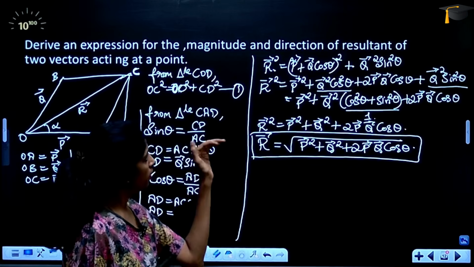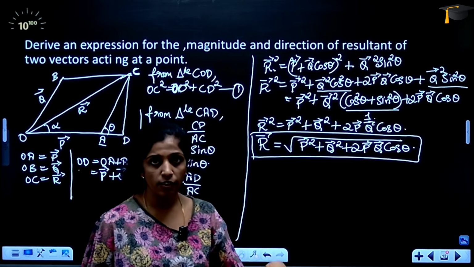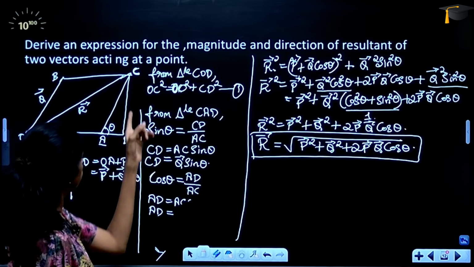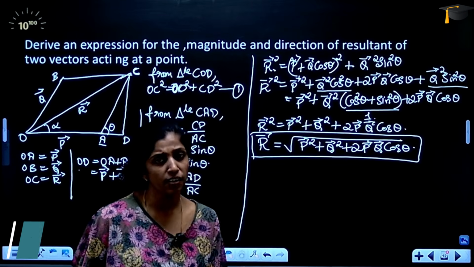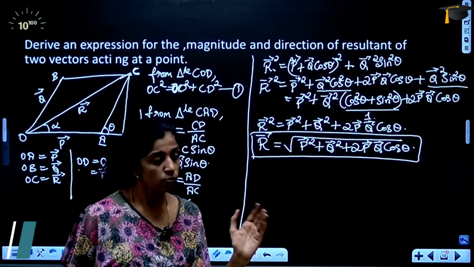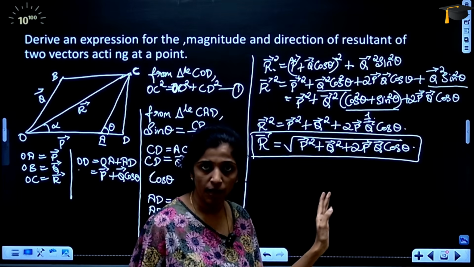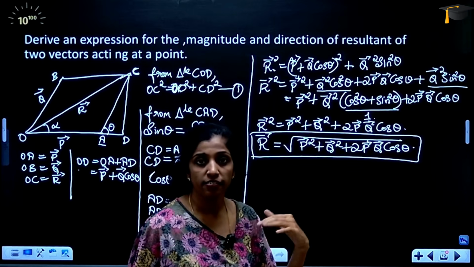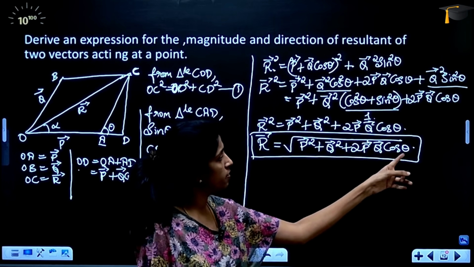Okay, so here they have asked us to find the magnitude and the direction of the resultant of two vectors. So I have found the resultant of two vectors, that is vector p and vector q. And from this many MCQs are asked. They might ask you at what angle the resultant is maximum, and at what angle the resultant is minimum. So you'll just put the theta.